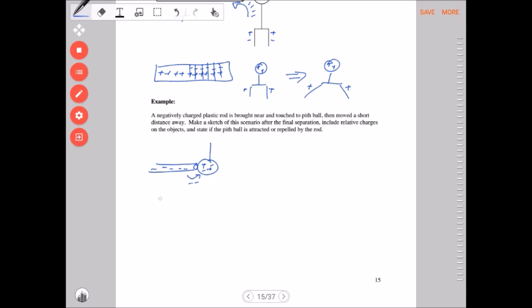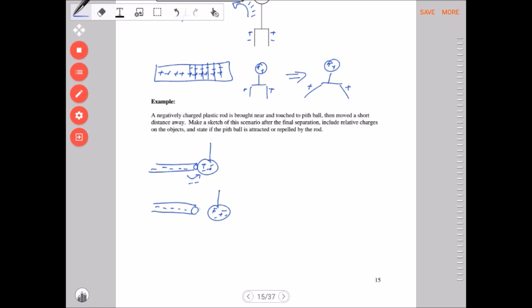Okay, so now when these things separate, this guy is negatively charged. The pith ball, so let's say just 2 jump on, it doesn't matter. Okay, so plus plus, now we've got 1, 2, 3, 4. So now it's negative. Okay, so we end up with a negatively charged pith ball, a slightly less negative rod.